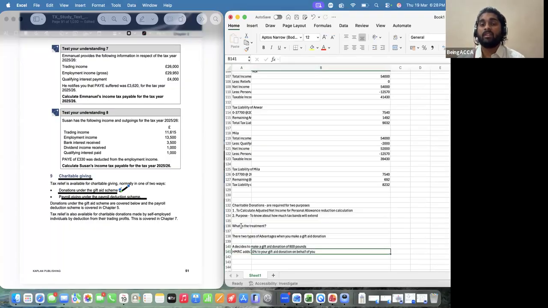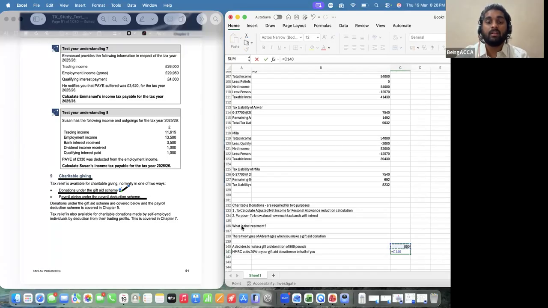So if you decide to pay 800 pounds, on behalf of you HMRC adds another 20% of it, making the total donation 960 pounds. So this is your net donation and this is your gross donation.